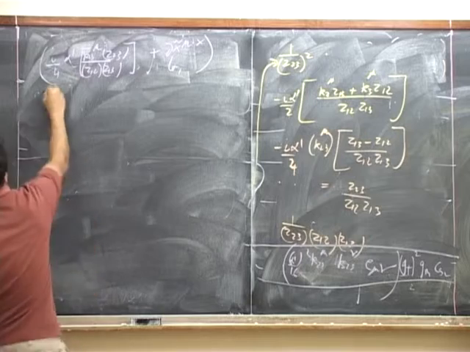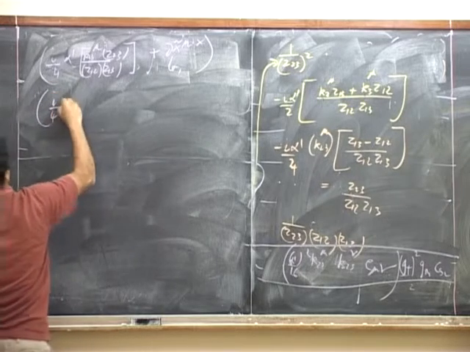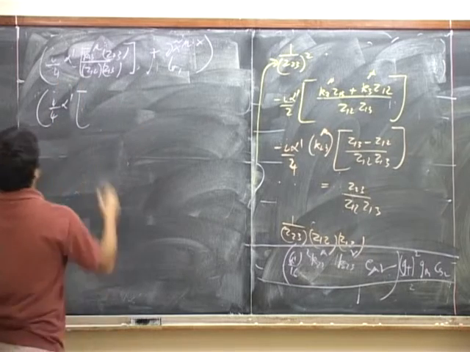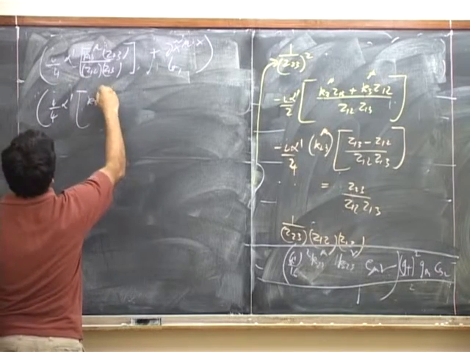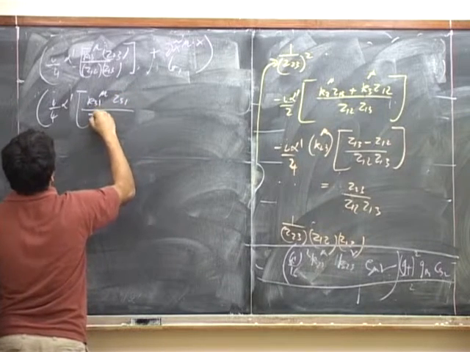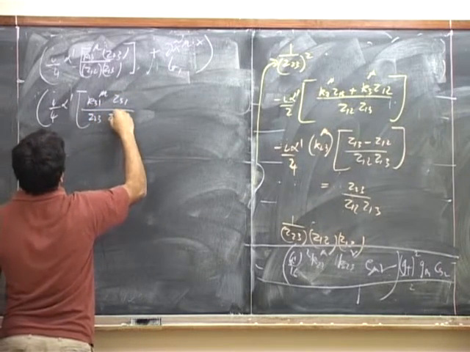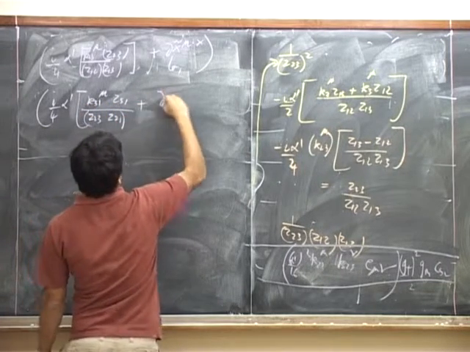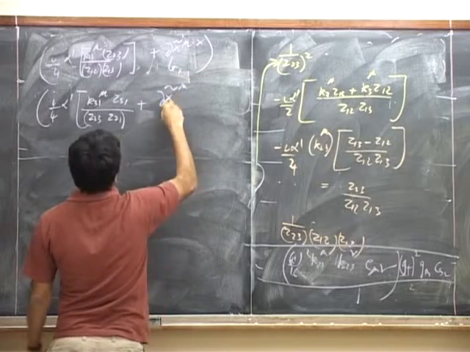Okay? So the other factor is i by 4 alpha prime, and now cyclic. So this will be k31 mu, z31 over z23 z21, plus del X tilde mu at sigma 2.